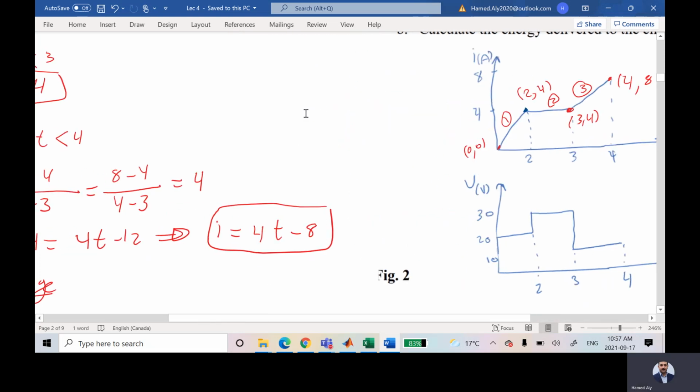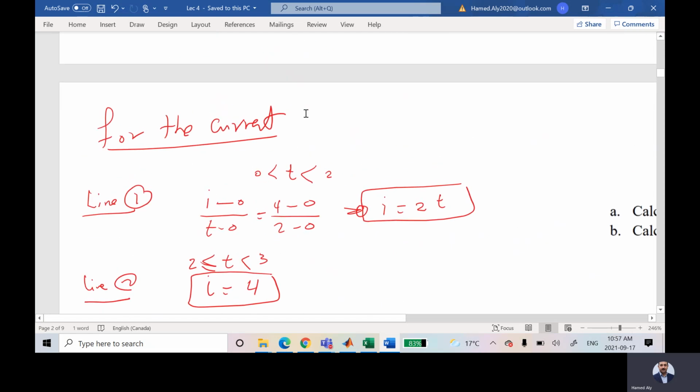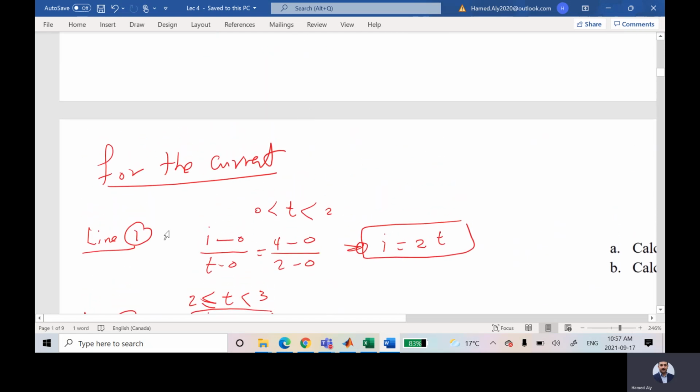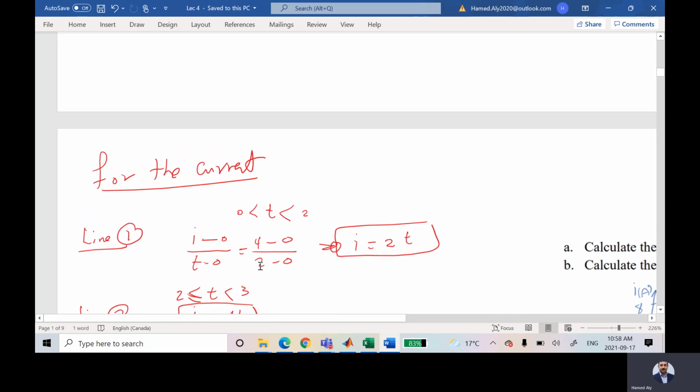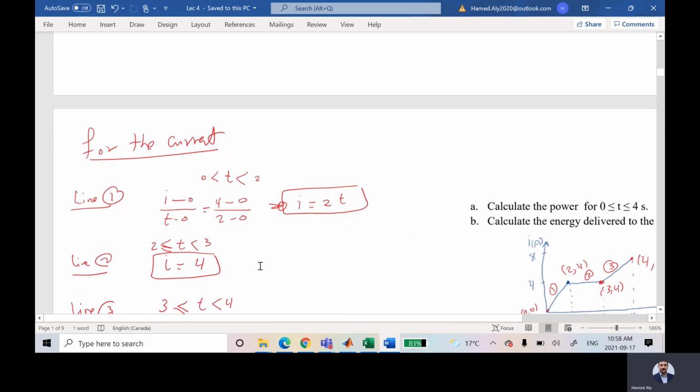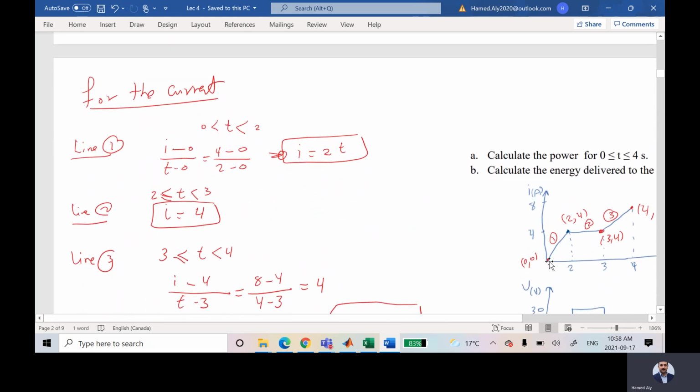So I'm going to move here and write for the current, I can say line 1 from T is equal to 0 up to 2. I will write the equation for the straight line. You told me that this line has 2 points, (0, 0) and (2, 4).